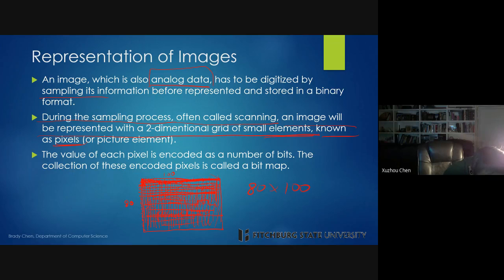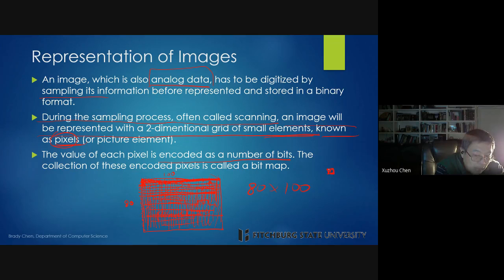Each represents a small dot called a pixel, which contains only one color code. The value of each pixel is encoded as a number of bits.